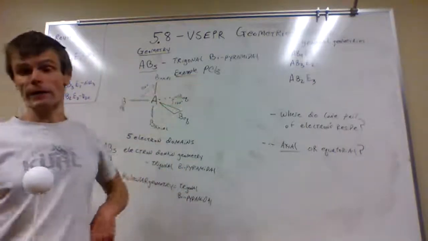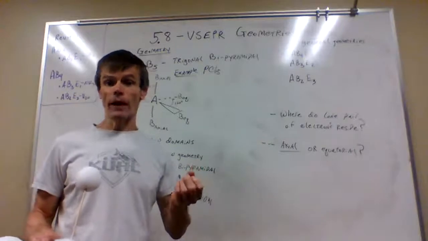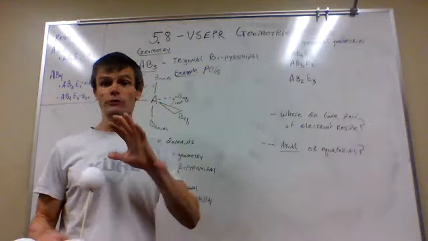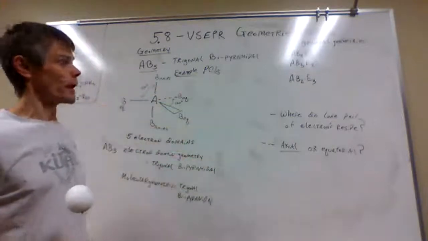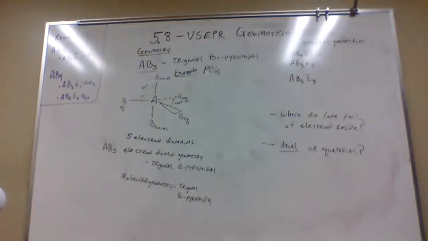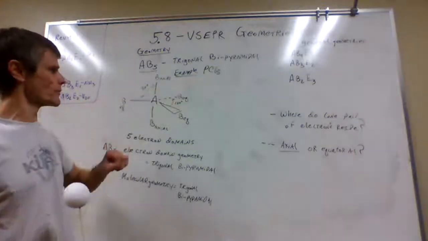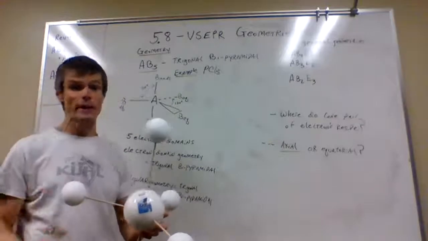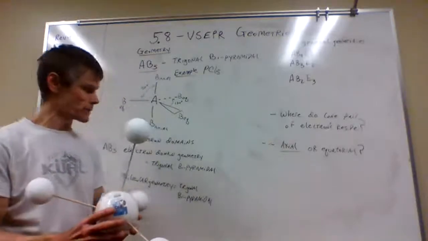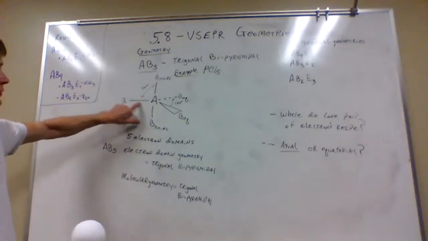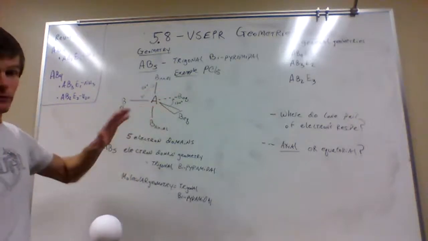As you recall in our discussion on the AB5 situation, where we have a central atom with 5 bonded atoms and no lone pair, we introduced phosphorus pentachloride as our example molecule. And what we should recognize for PCl5, a central atom bonded to 5 other atoms with no lone pair of electrons, is that there are 5 electron domains: 1, 2, 3, 4, 5.